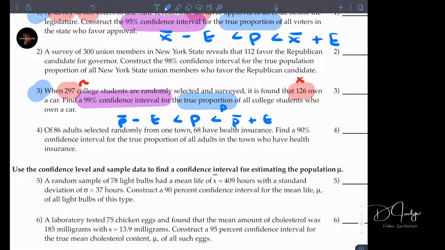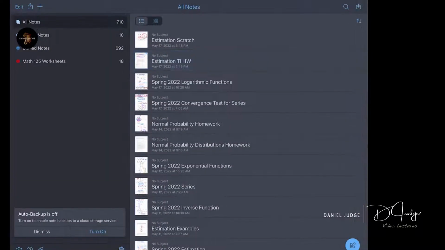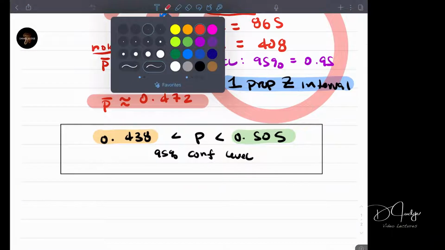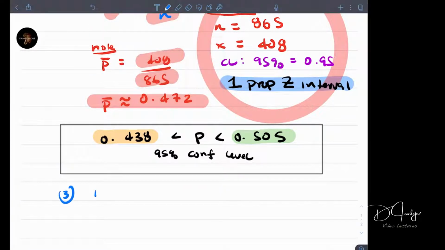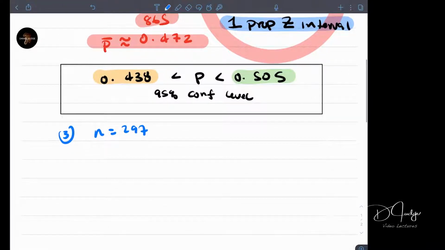So let's remember the data here for number 3. 297, 126, 99. Sample size was 297. I remember the confidence level was 99%.